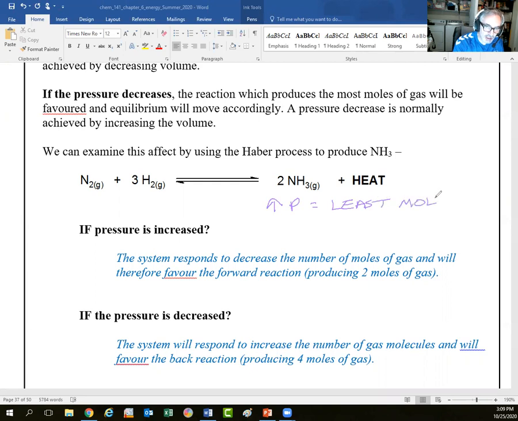So as we look at our chemical reactions, forward reaction and the back reaction, the forward reaction takes 1 mole of nitrogen with 3 moles of hydrogen and turns it into just 2 moles. 4 turns into 2. That's producing less gas in the system if the forward reaction is favoured, and so equilibrium moves to the right. The forward reaction is indeed favoured.